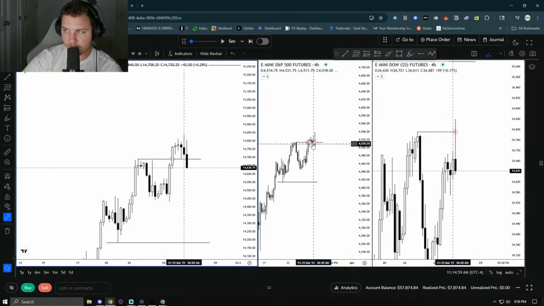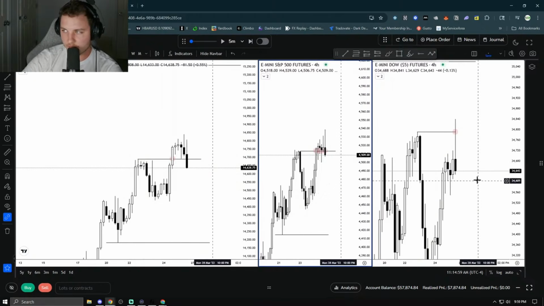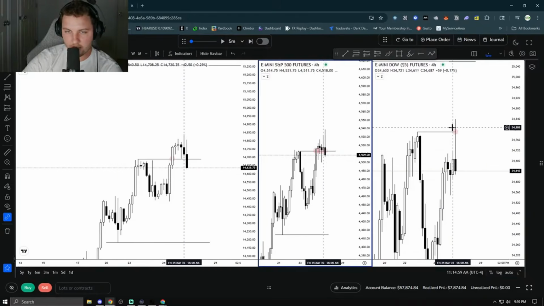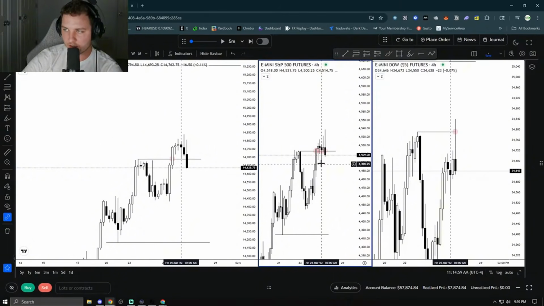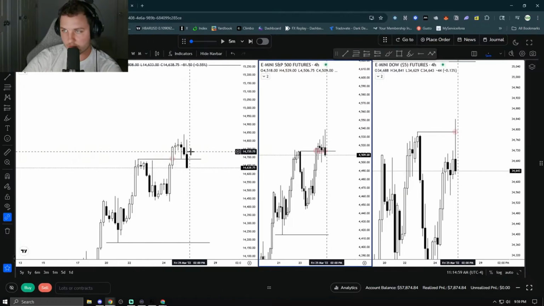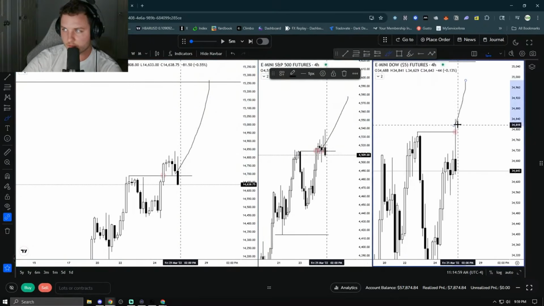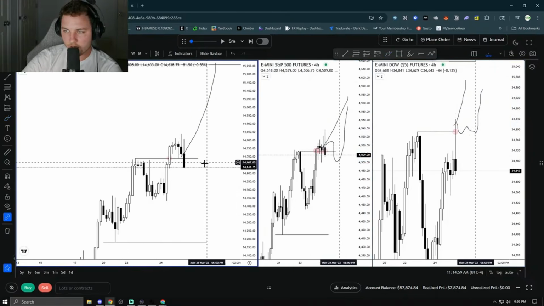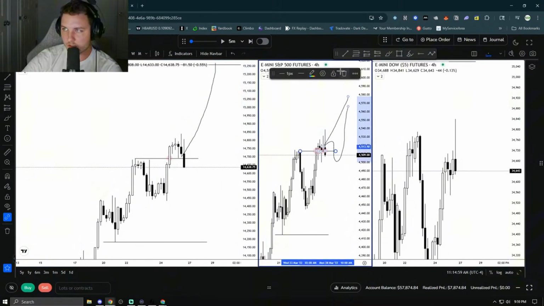We expand, consolidate, expand, consolidate, expand, consolidate. We know ES or YM is taking this high. Once we take this high, then we can take the low. Then we can reverse, or then all the assets can take off, or we get a minor pullback to continue. But until then, they're just going to chill. As soon as I saw that, I knew that.